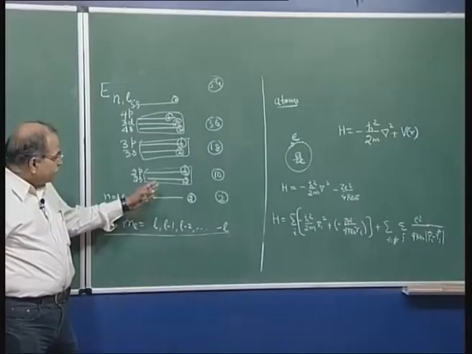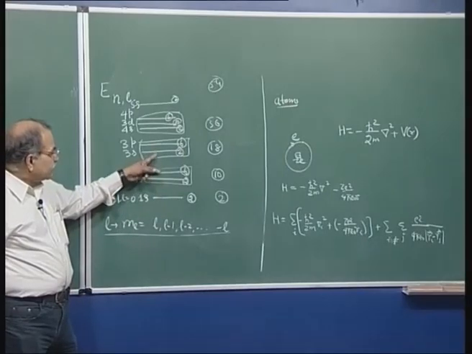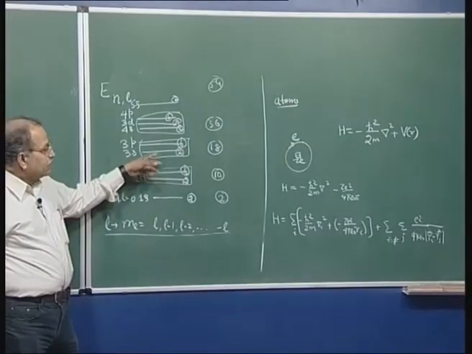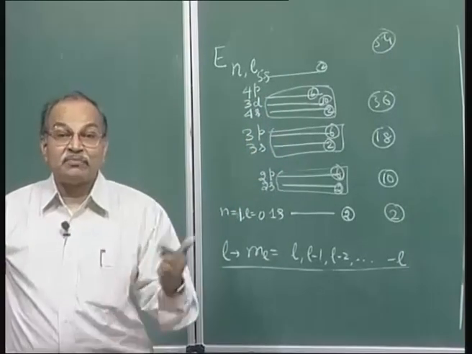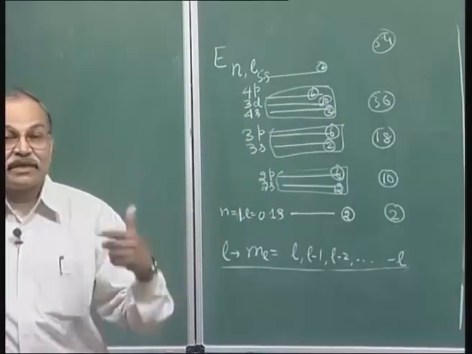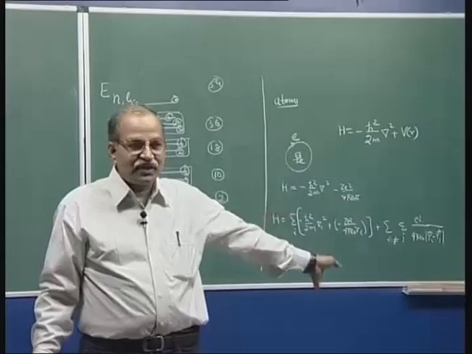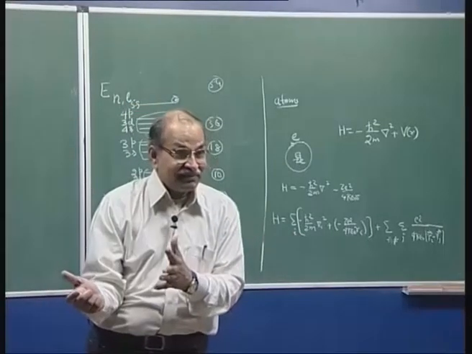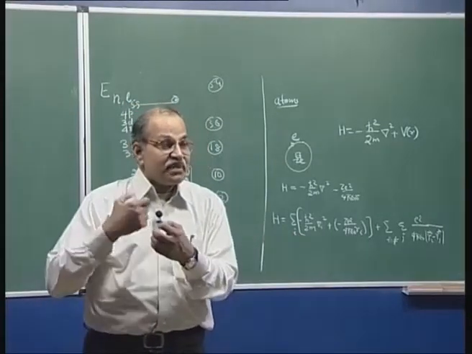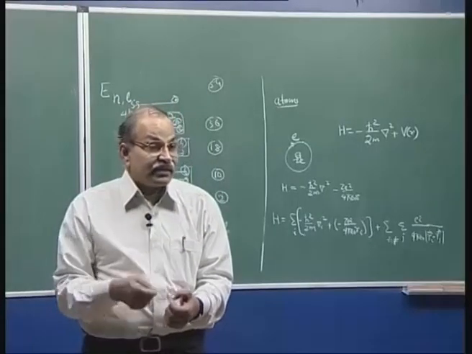And these different shells with different energy, with larger gaps in between, reflect in the periodicity of many of the properties of atoms. Much before all this was developed, the periodic table concept was there, because people had seen that periodicity in properties.